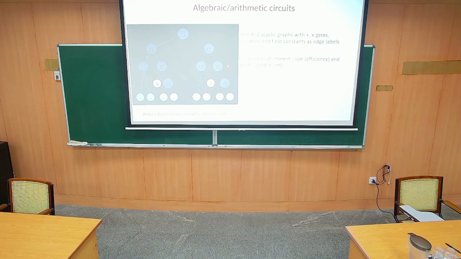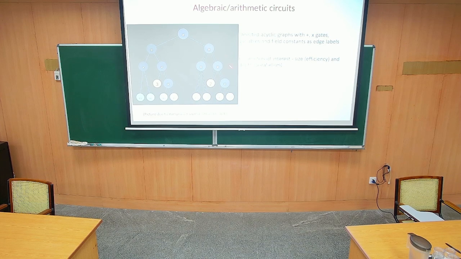And the amount of time this will take will be roughly polynomial in the number of gates you have. Every gate is like one arithmetic operation. So the size of this graph is something that captures efficiency of computation, of evaluation at least.